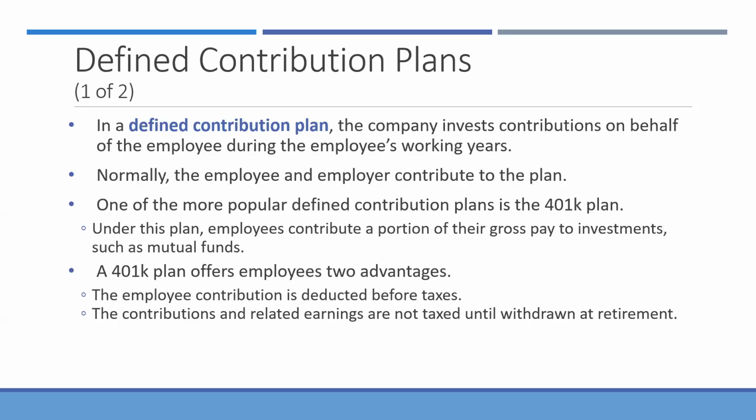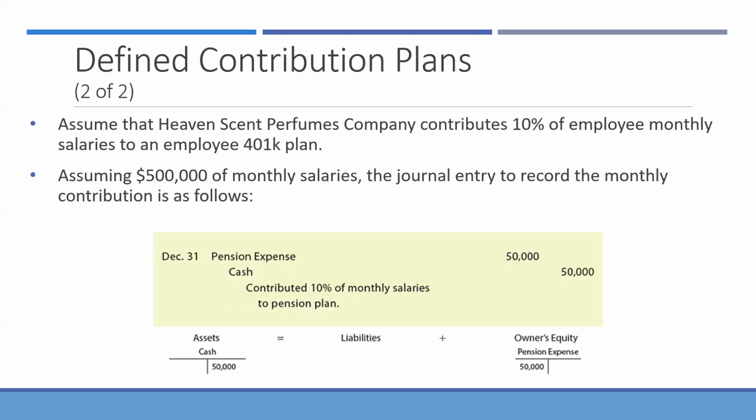And it's nice for employers because they know exactly what their expense is. And it's very simple. Every year we just have pension expense and cash. And the pension expense is the cash that the company contributes to the 401k, to the pension plan.